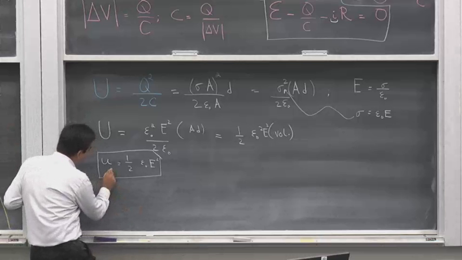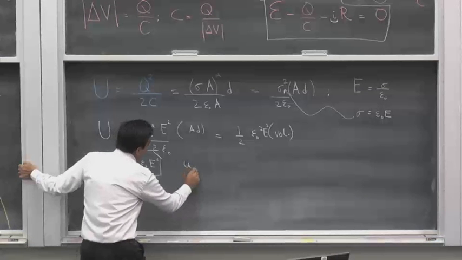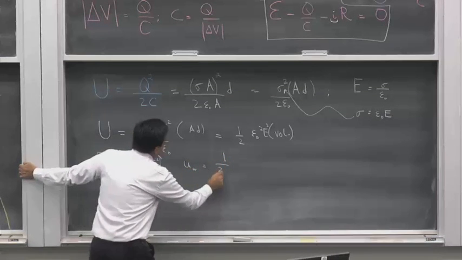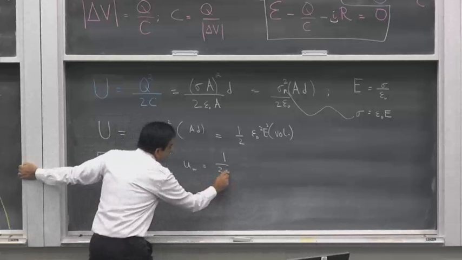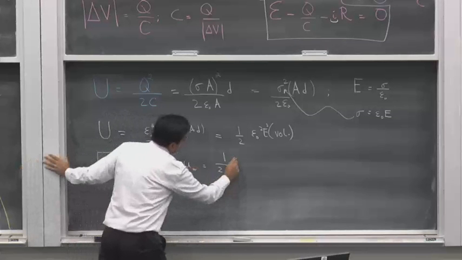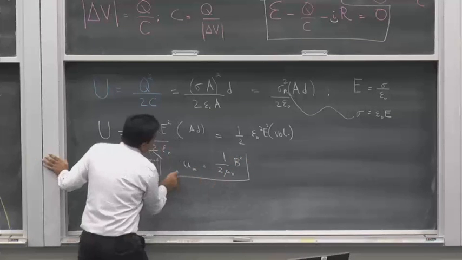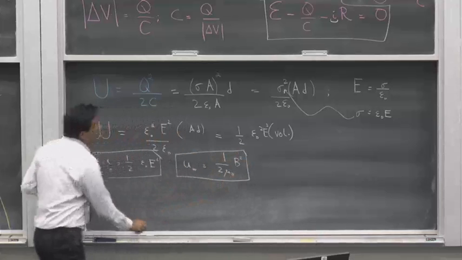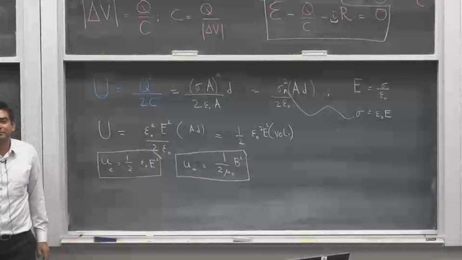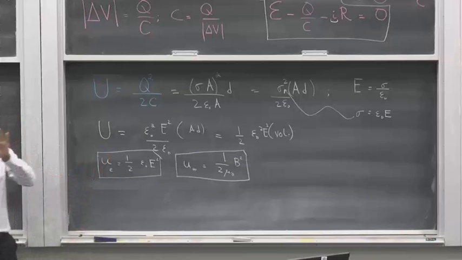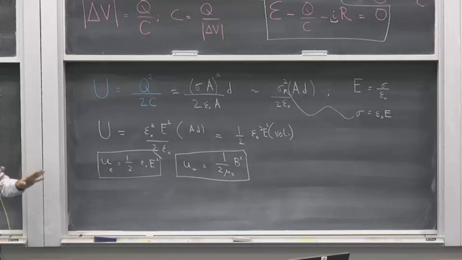This is the electric energy. The magnetic energy is given by half, I replace epsilon naught by 1 over mu naught, and I replace the electric field by B squared. This is the energy stored in a magnetic field. So when an electromagnetic wave comes and hits us, it carries energy with it and it carries momentum with it.